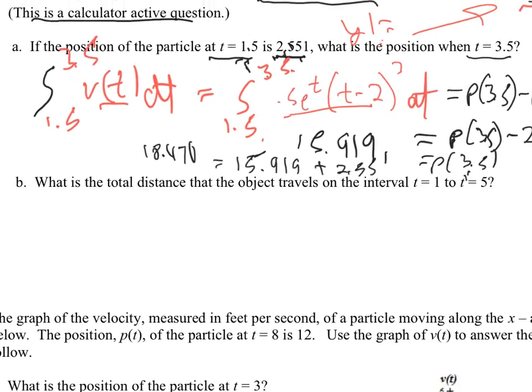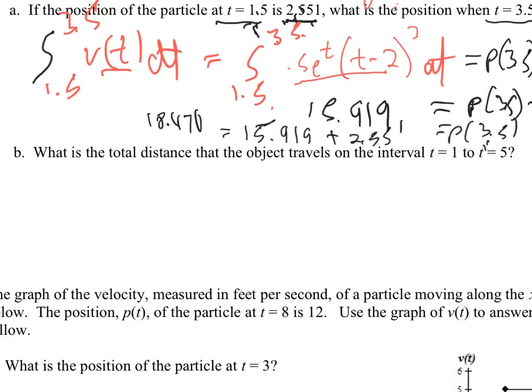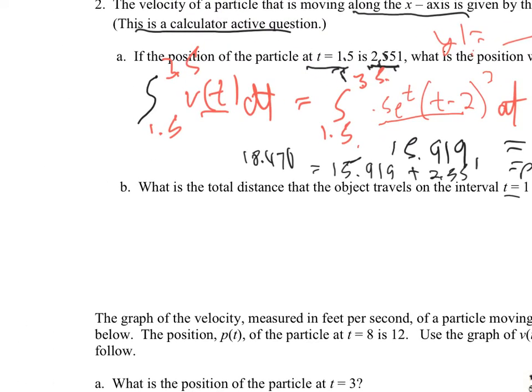We've traveled a lot. B, what's the total distance the object traveled from 1 to 5? Well, 1 to 5 of my same function. It is going to be my p of 5 minus my p of 1.